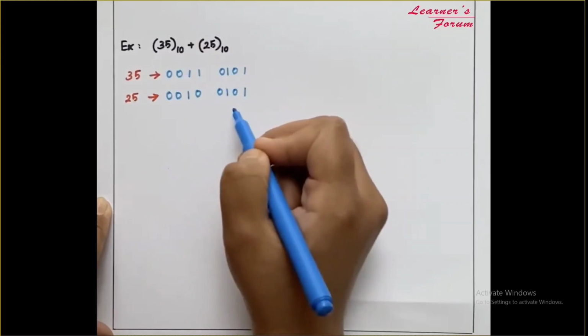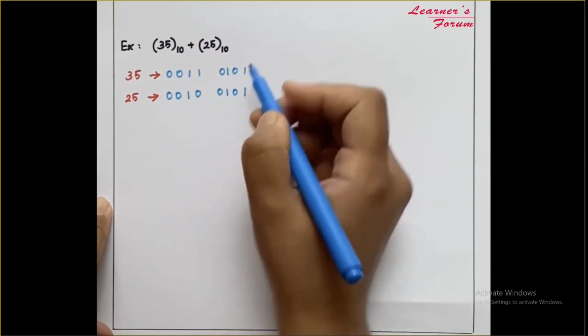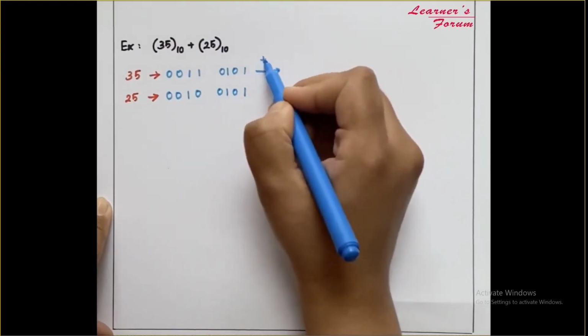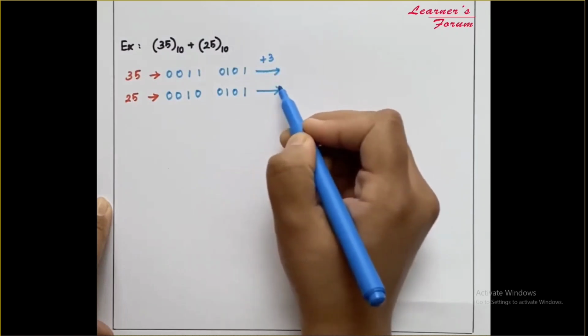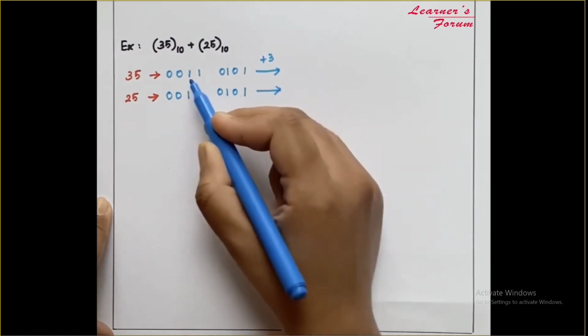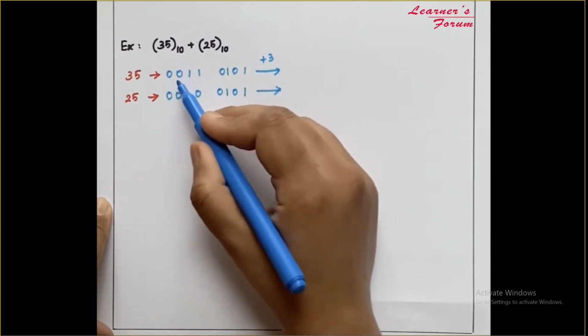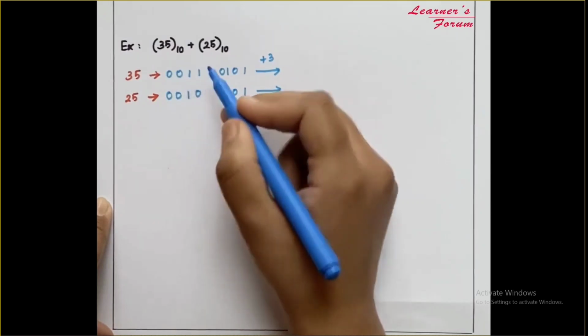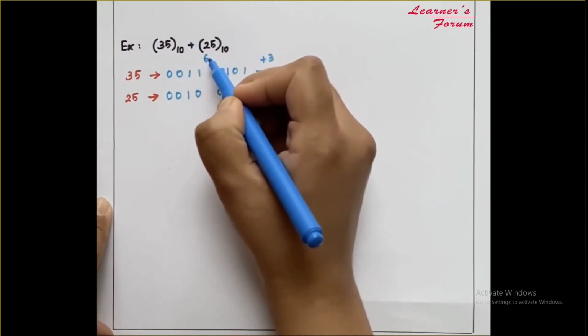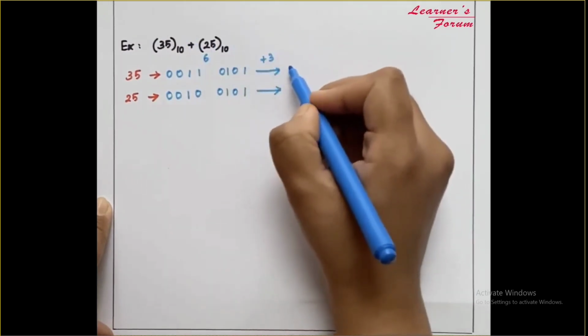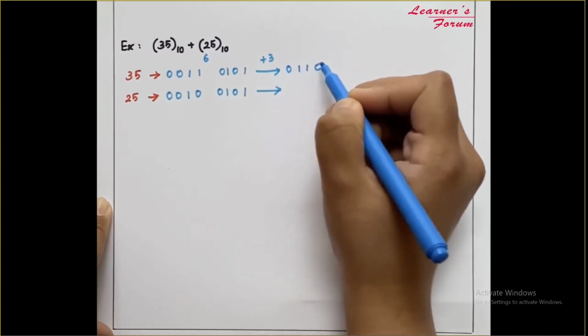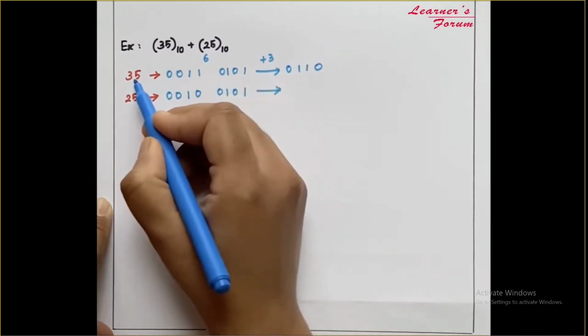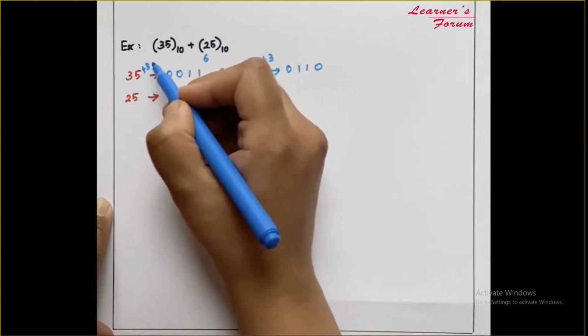Now we have to add the excess-3 for each digit. First, adding 3 to 3, 3 plus 3 will be 6. We have to represent 6 using 8421, which is 0110. Next for 5, 5 plus 3 will be 8.